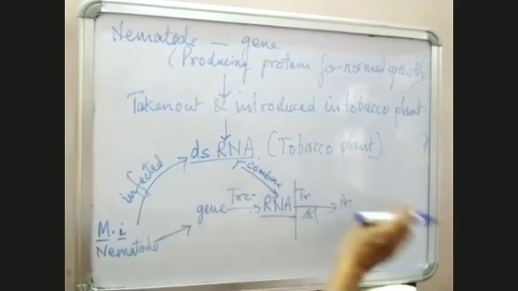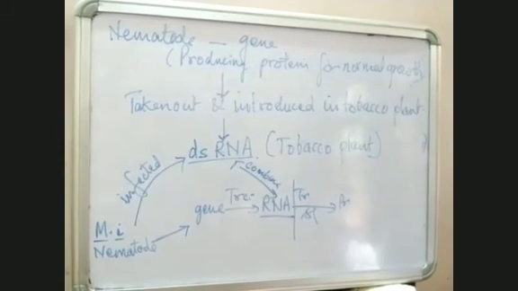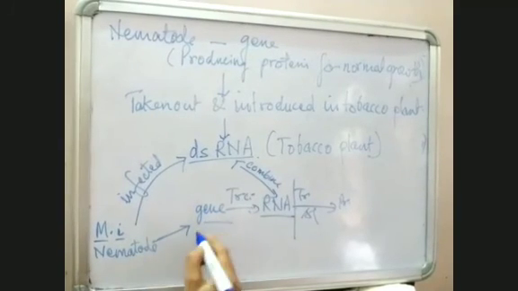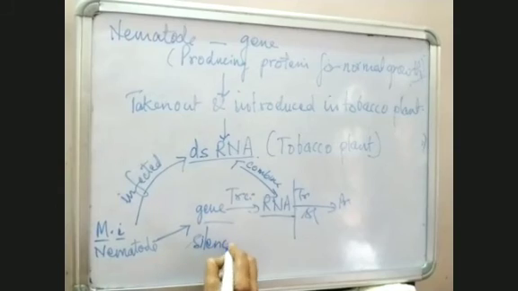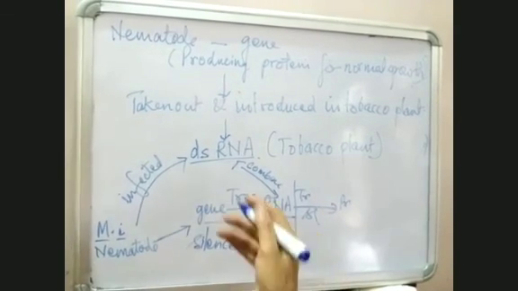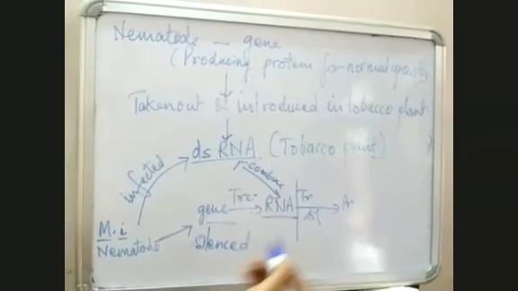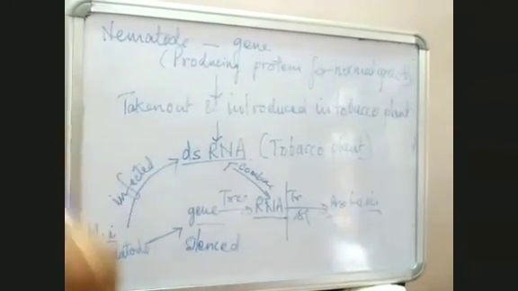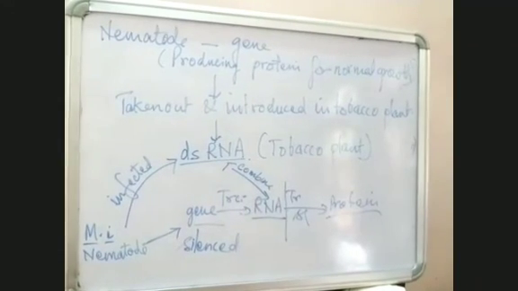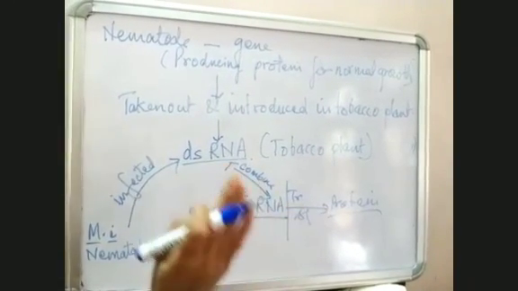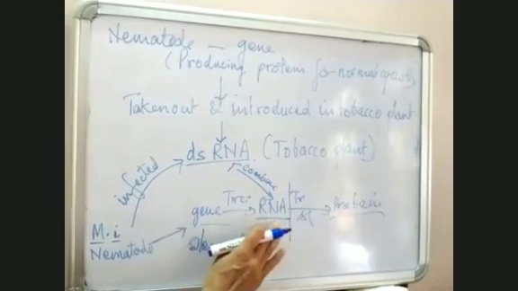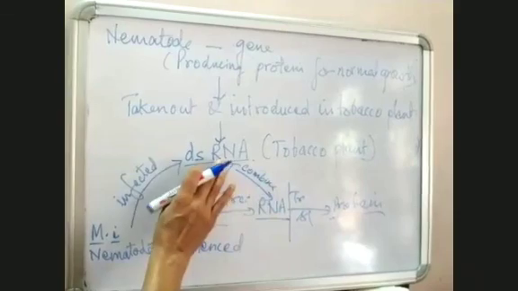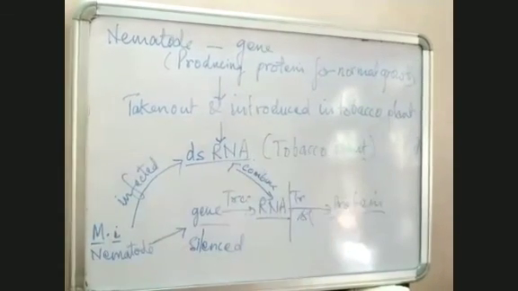That means the gene is silenced. The gene which was there in the nematode is silenced. It is not allowed to undergo the complete process of protein formation. The protein required for the growth of Meloidogyne incognita is not formed, because the RNA produced by transcription combines with the dsRNA already there in the tobacco plant.